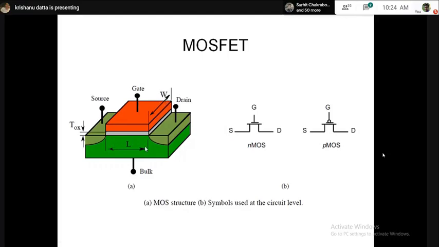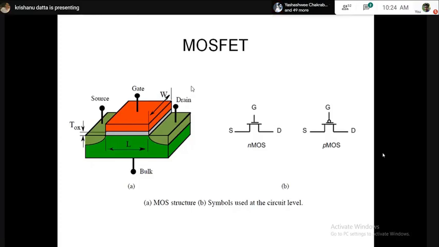So if L scales by 0.7 and W scales by 0.7, what is the area scaling? Any guess? 0.49, perfect. 0.7 into 0.7. You can now approximate it to 0.5. This means transistor area will be 50%.